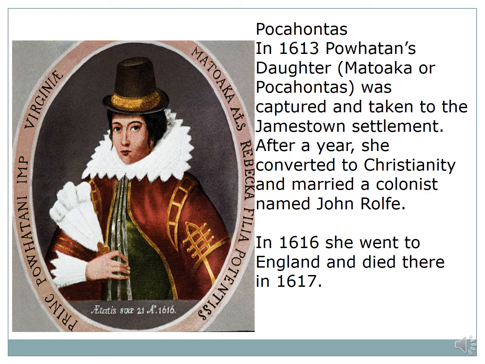While his daughter was held captive, eventually she will be forced to convert to Christianity, and she ultimately will marry a colonist by the name of John Rolfe. So she does not marry John Smith. She marries a man by the name of John Rolfe, who is the one to come to the colony and introduce tobacco.